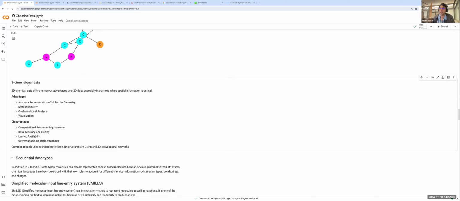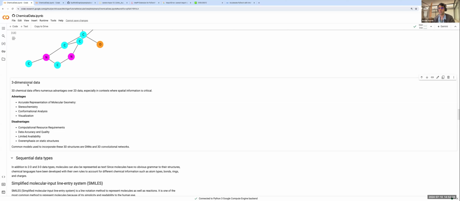And so another type of data, still continuing this idea of two-dimensional and structural data, would be three-dimensional data. So this would be data that has bonds coming out of this bond here, and then a bond coming out here or coming here. So actually representing that in 3 dimensions.